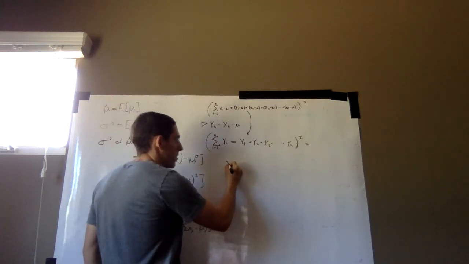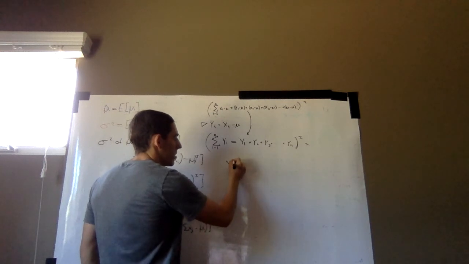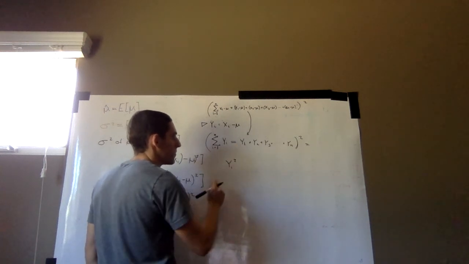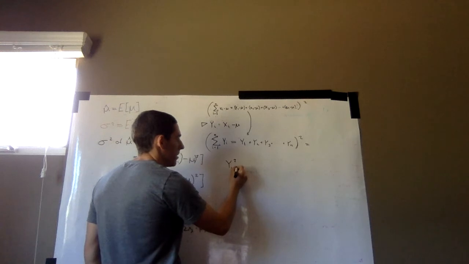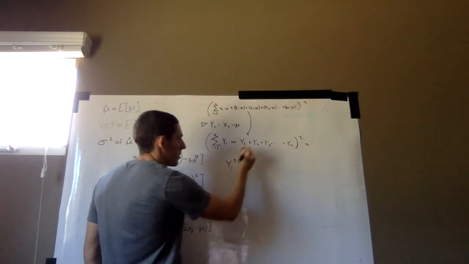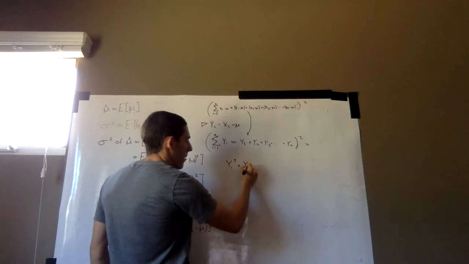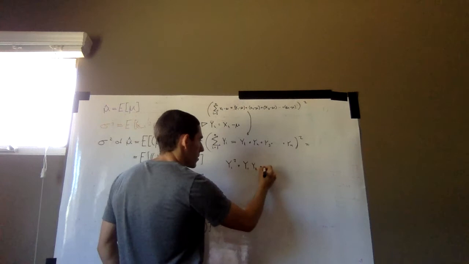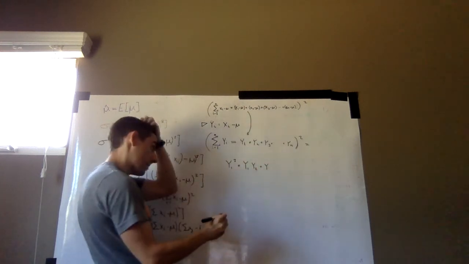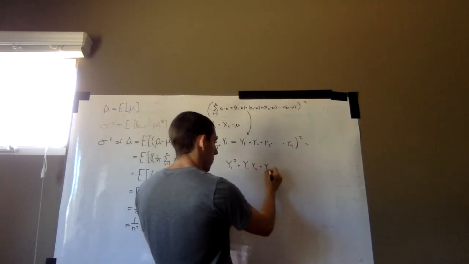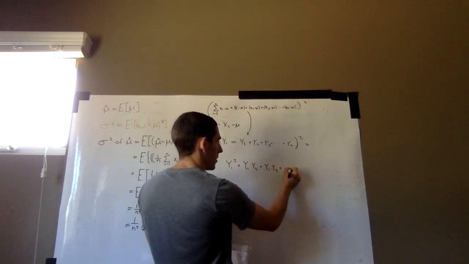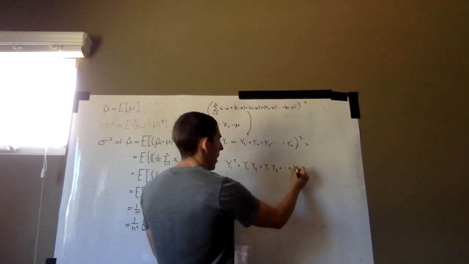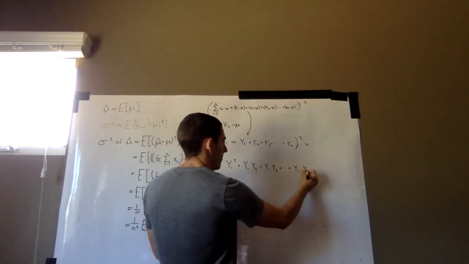So we have y1 squared, because we have y1 times y1, plus y1 times y2, plus y1 times y3, and so on until we get y1 times yn.